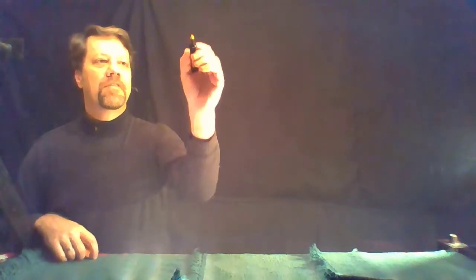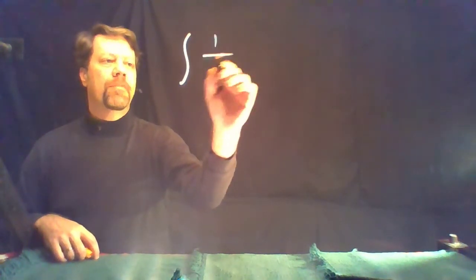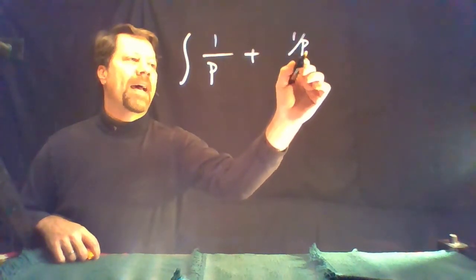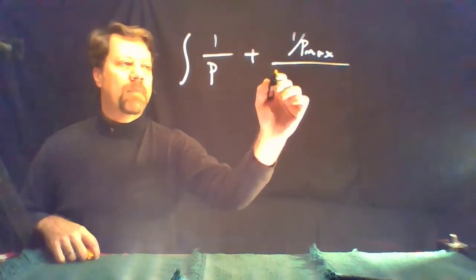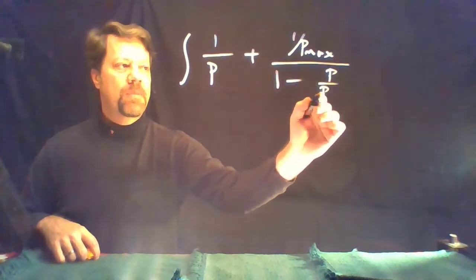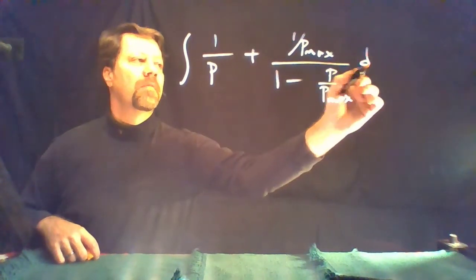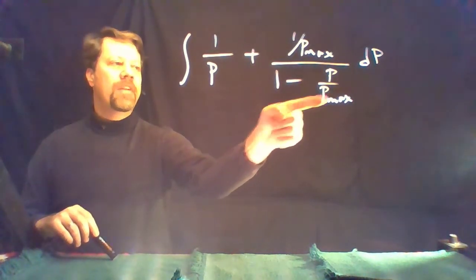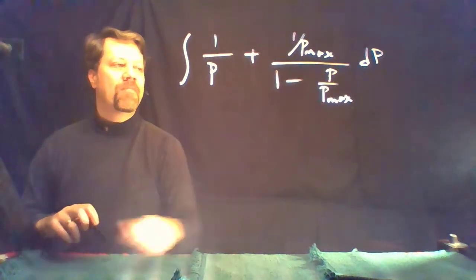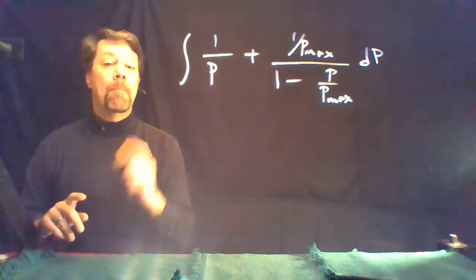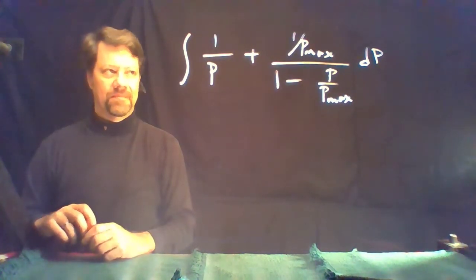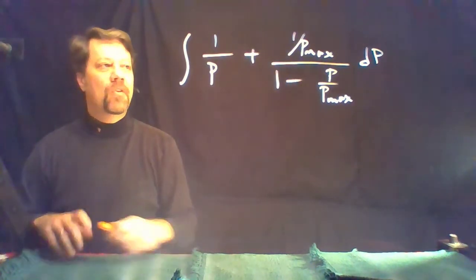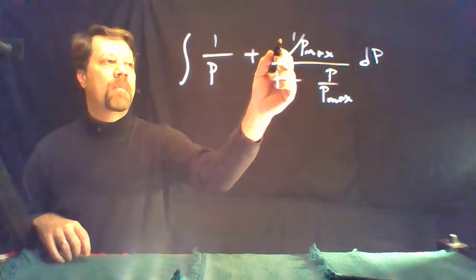The integral on the left becomes the integral of 1 over P plus 1 over P max divided by 1 minus P over P max. Note that the derivative of the denominator with respect to P on the second term is minus 1 over P max. We're almost in the form on that term, F prime over F. The only thing missing is a minus sign here.